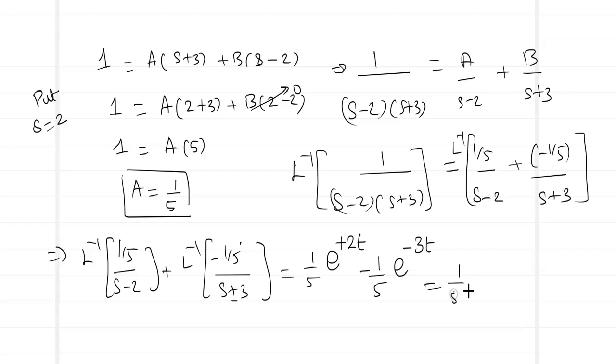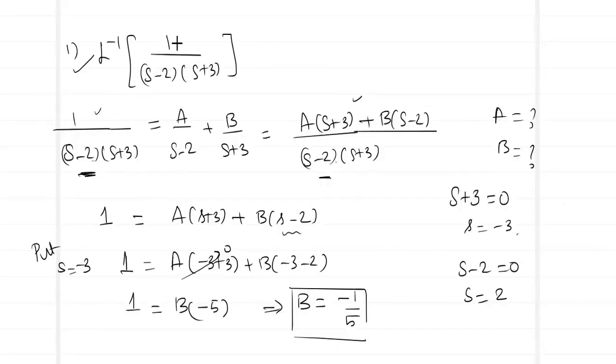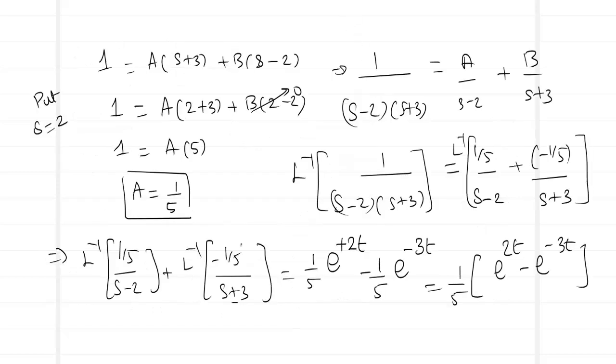Hence, the final answer is 1 by 5 times e power 2t minus e power minus 3t. Hence, I have computed the Laplace inverse of 1 by s minus 2 into s plus 3 using my partial fraction method. Now, let us apply one more example for my type 2.